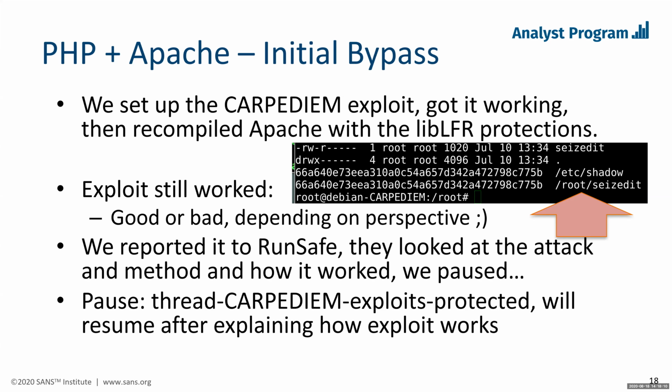And so even after the fix got put in, which I'm going to talk about in a few slides, the vulnerability still existed in the Apache, even with the Apache compiled with libLFR function randomizations. But this is specific to this particular out of bounds read.